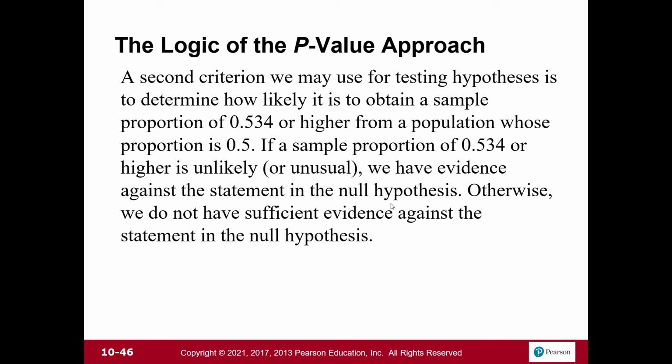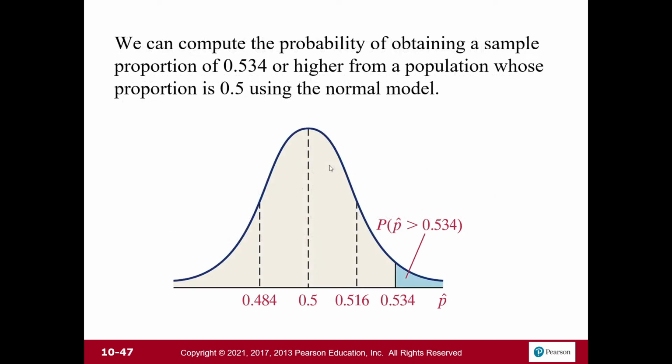All right, so that kind of leads us into the p-value method, where you can compare the p-value with the alpha value. So we can compute the probability of obtaining a sample proportion of 0.534 or higher from a population whose proportion is 0.5 using the normal model.